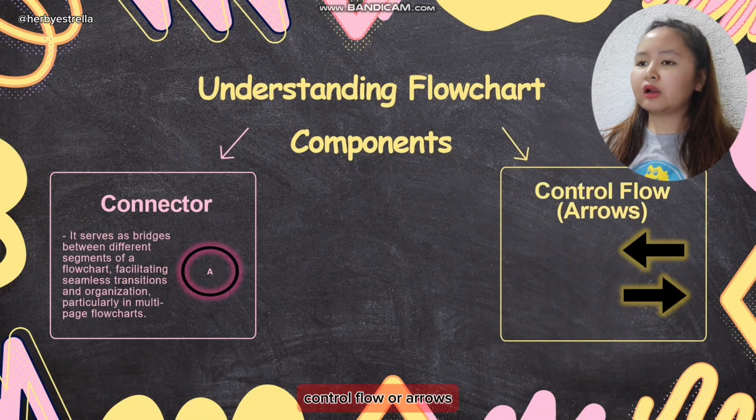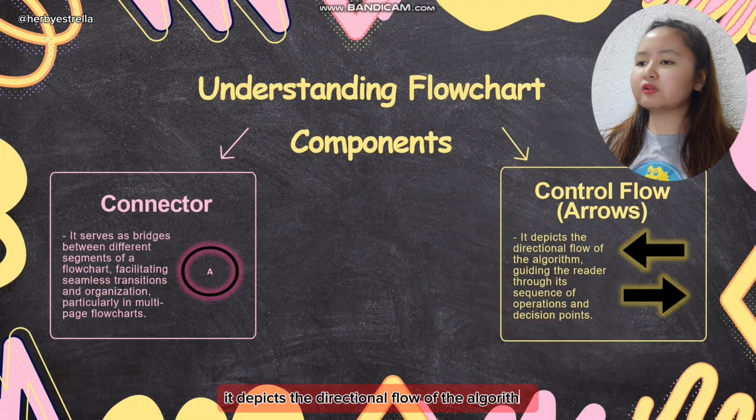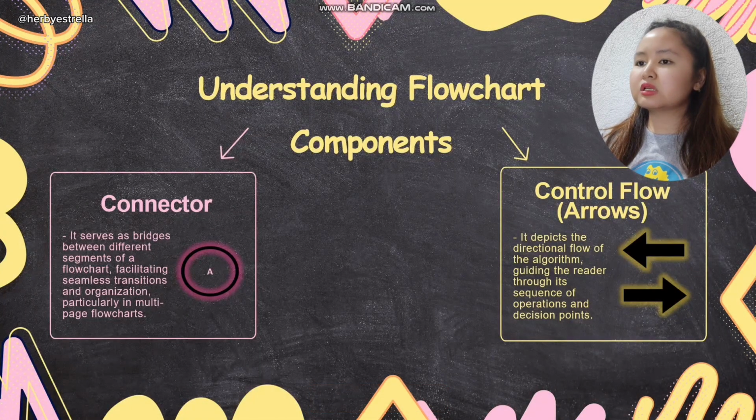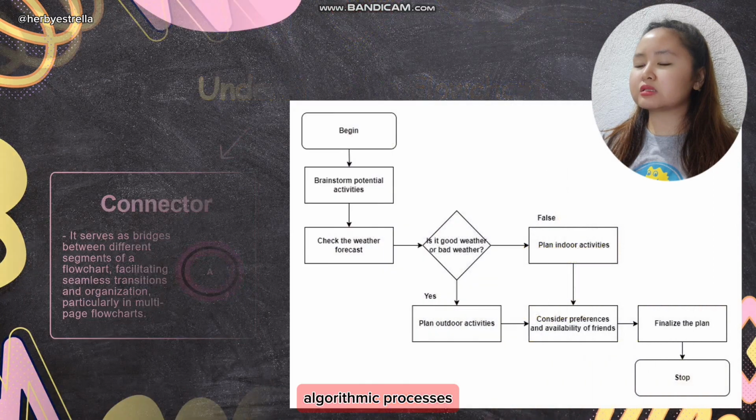Control flow or arrows. It depicts the directional flow of the algorithm, guiding the reader through its sequence of operations and decision points. These components form the visual language of flowcharts, enabling concise and intuitive representation of algorithmic processes.